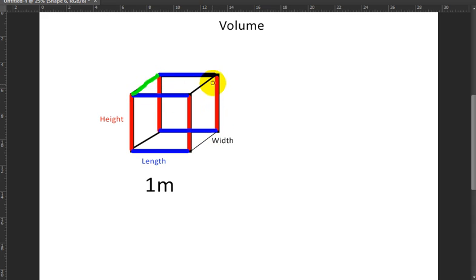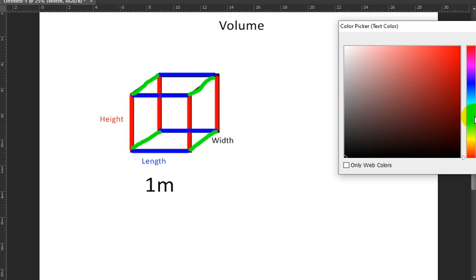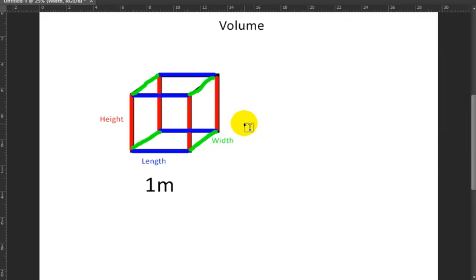And then we have the width. And here all the widths are the same.